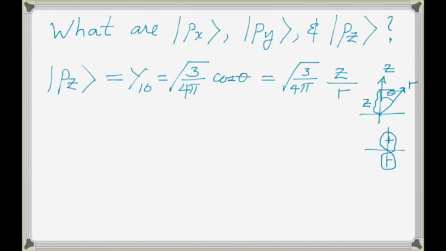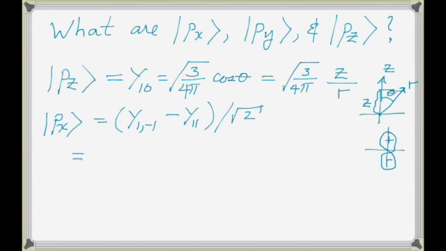And px and py are going to be linear combinations of those other two orbitals. So px is just equal to Y1, negative 1, minus Y11, normalized over root 2, because these were normalized to begin with.